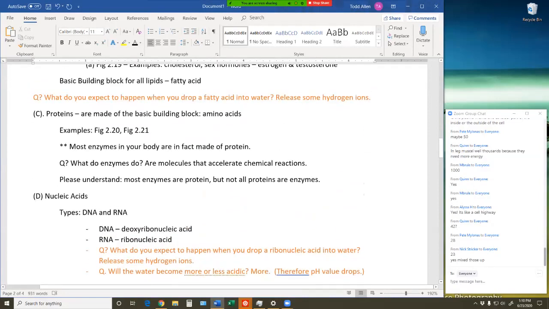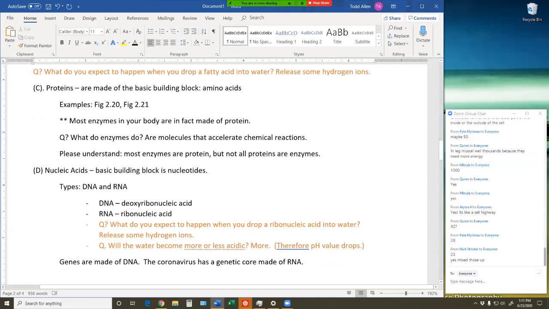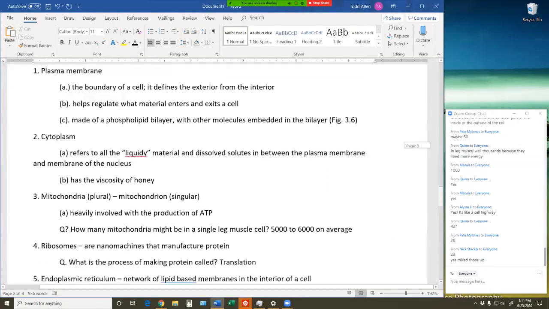What I forgot to give you for nucleic acids is that their basic building block is nucleotide. Okay. Nucleic acids, which include DNA and RNA, have a basic building block, which is nucleotides. All right. So that'll be complete when you get the notes this afternoon.